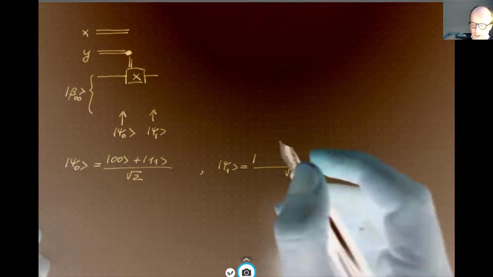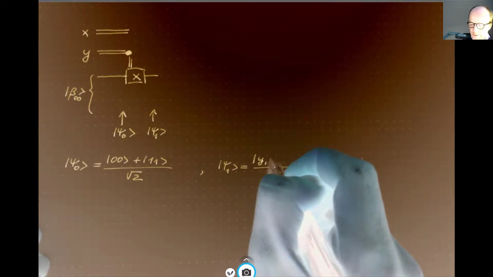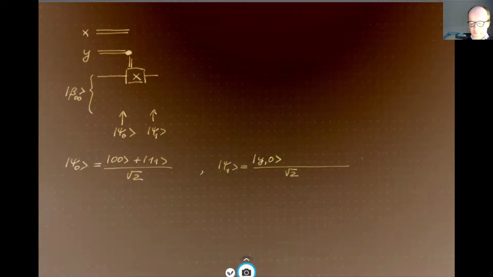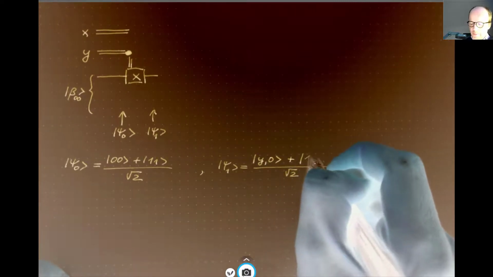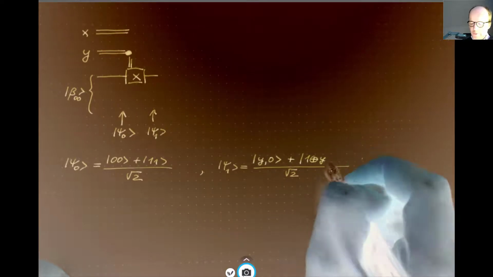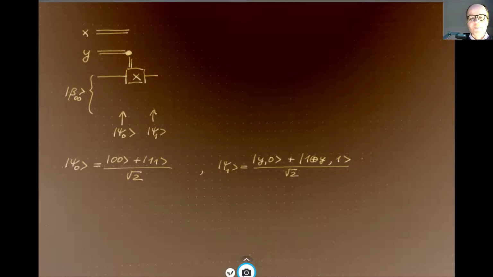We can summarize by writing |y,0> plus |1 plus y mod 2, 1>. So you see, if y is 0, then nothing happens, and if y is equal to 1, then Alice's qubit basis state is flipped.